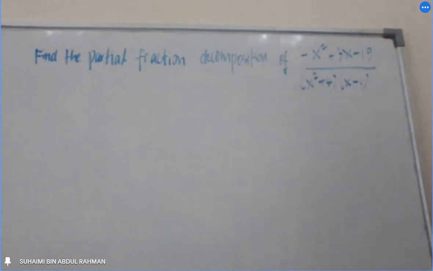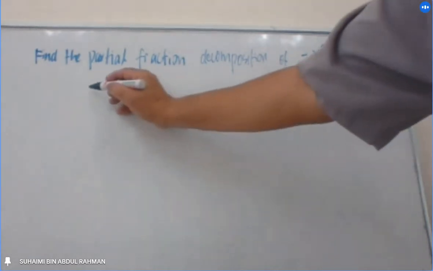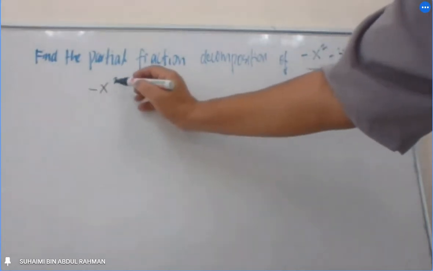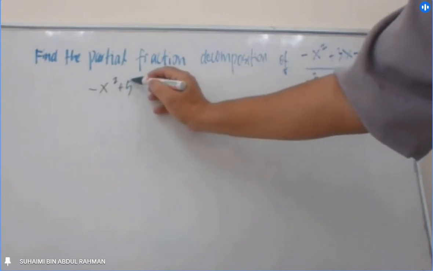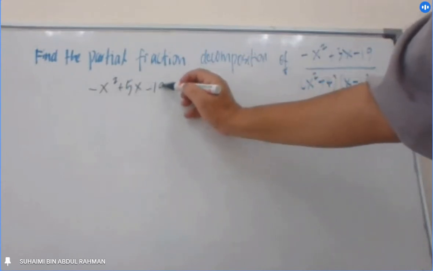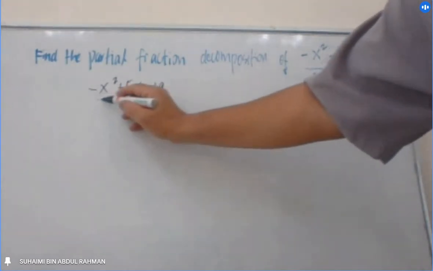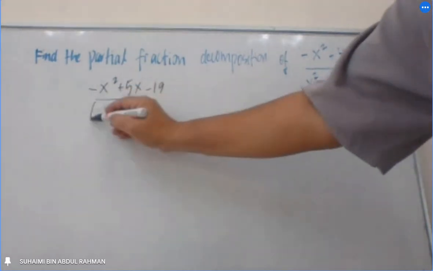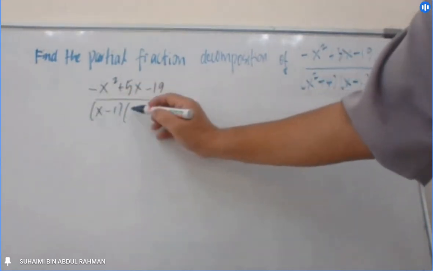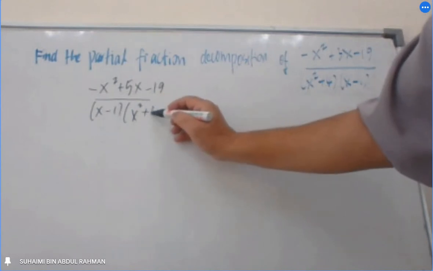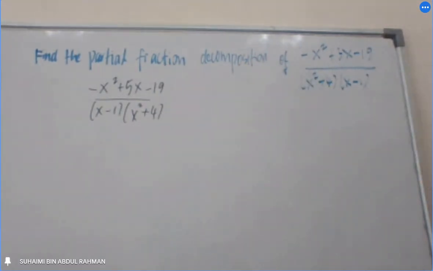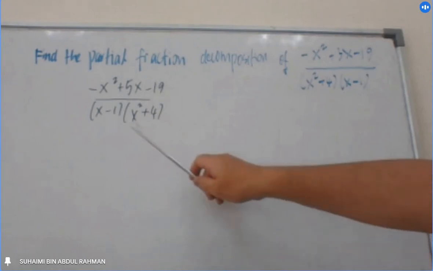See, our rational function becomes minus x squared plus 5x minus 19 over x minus 1, x squared plus 4. But x squared plus 4, is this irreducible? When we say factor, we say this is linear.